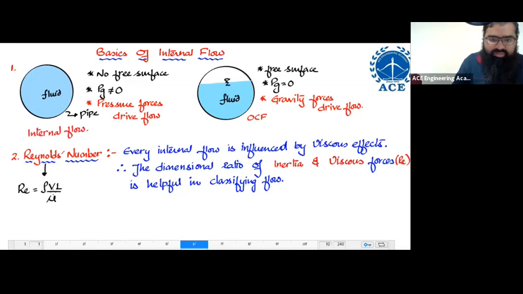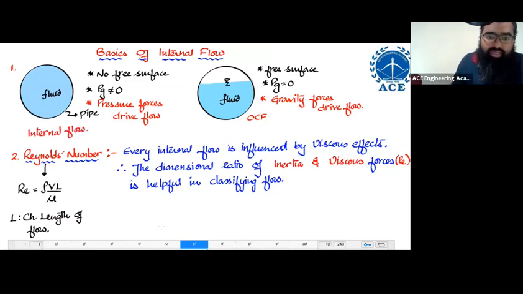Rho is density, V is velocity, mu is viscosity. Everyone knows this. What is L? L over here is the characteristic length of flow.